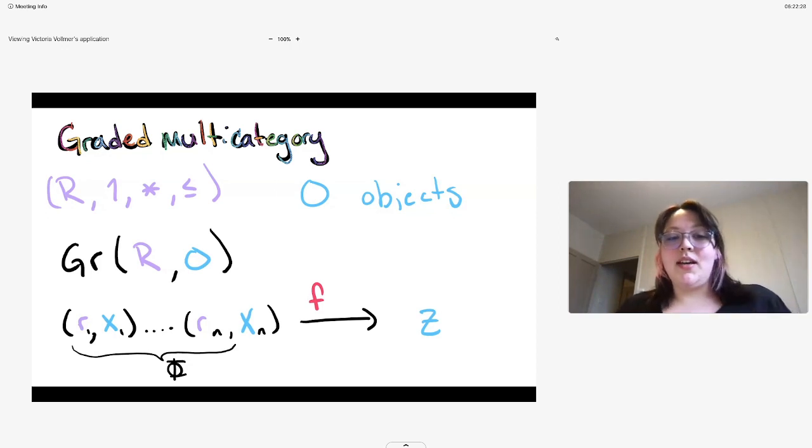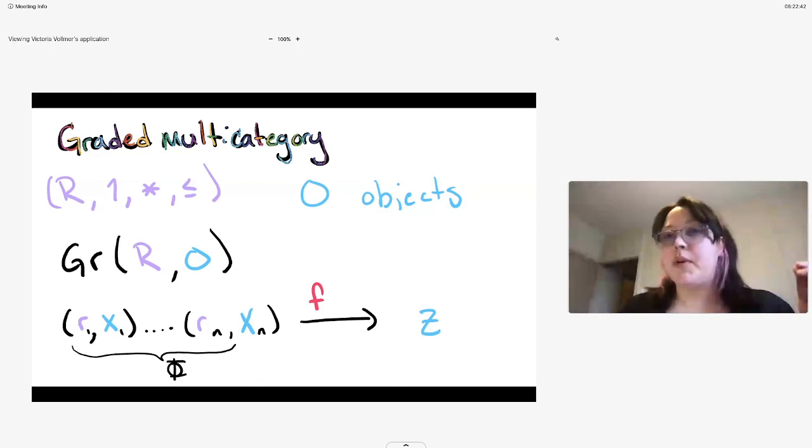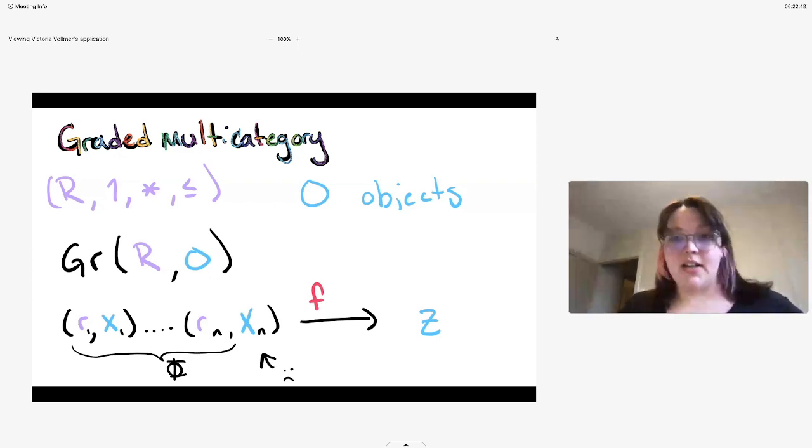Here, the first thing to notice is that the way that we did the multi-category, this list structure for the context is baked in, and we're thinking about structural rules and how to manipulate context. So having this baked in structure is a little bit of a warning sign that something might go wrong up ahead. And so I should actually define what these graded multi-categories are.